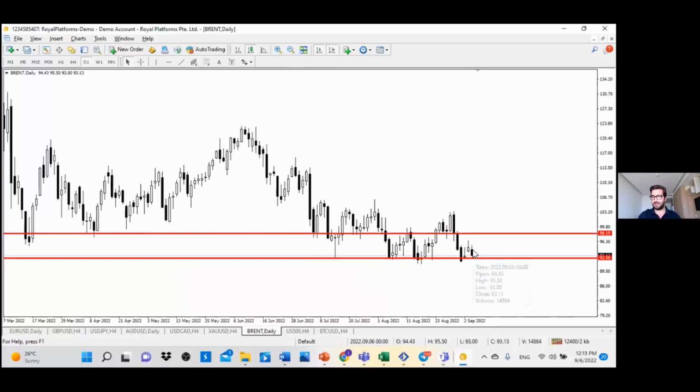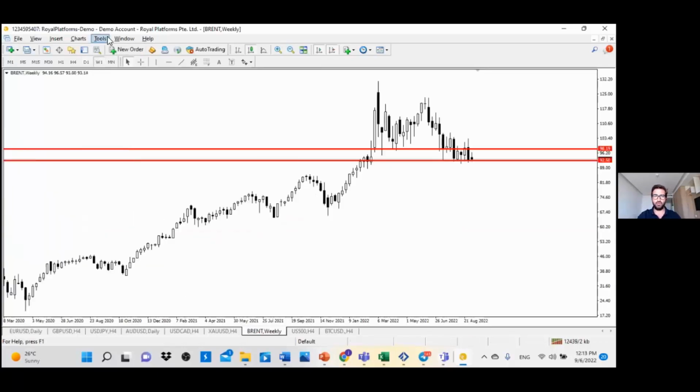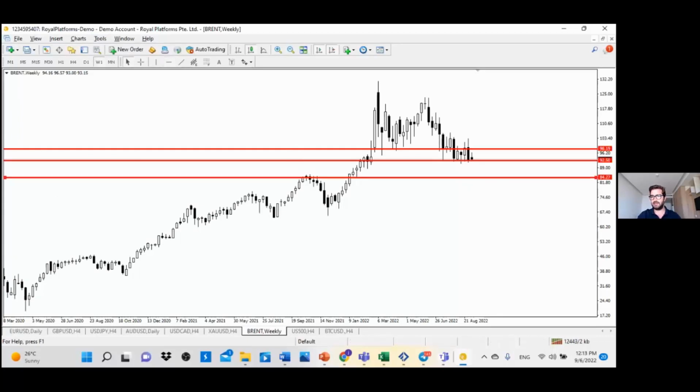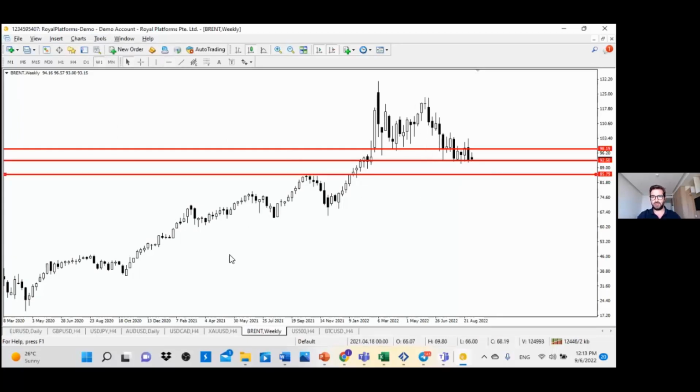So what I will wait for is a big bodied bearish bar below the 92.5. So if we see a close below the 92.5 with a big bearish bar, then most probably the market will continue its move to the downside to reach the 86.22.